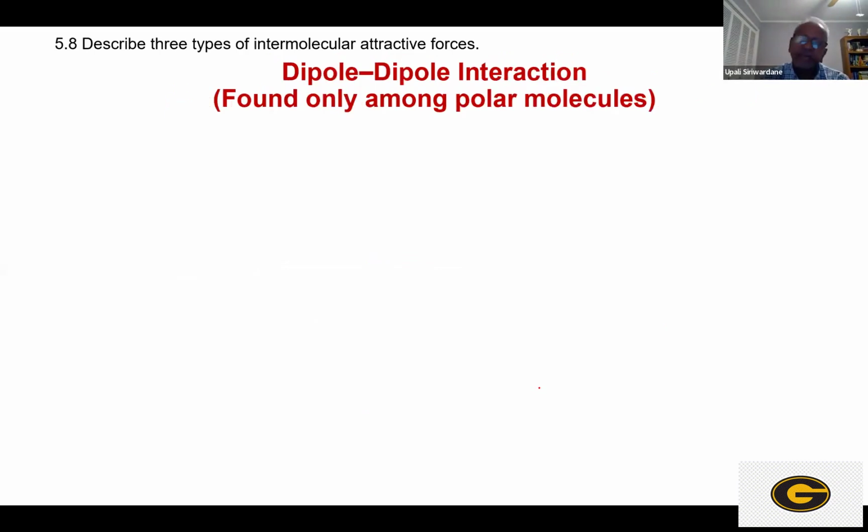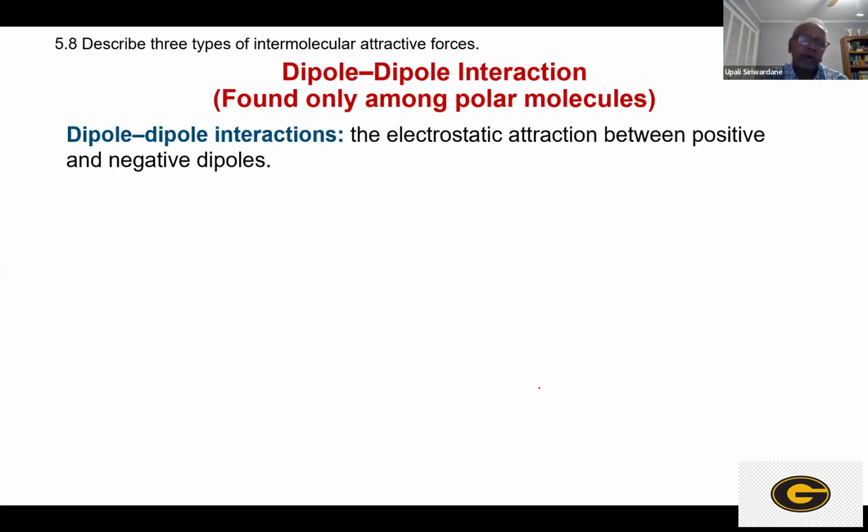Dipole-dipole attraction is found among the polar molecules. When dipole-dipole interactions are present, London dispersion, even though it's there, is not seen.